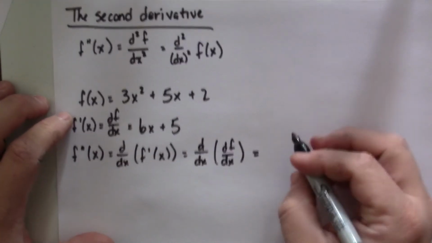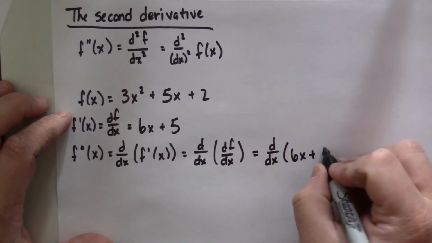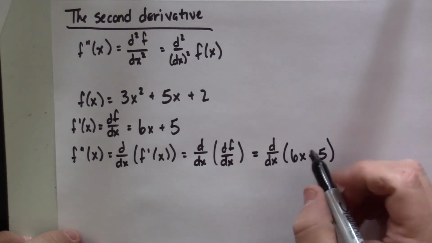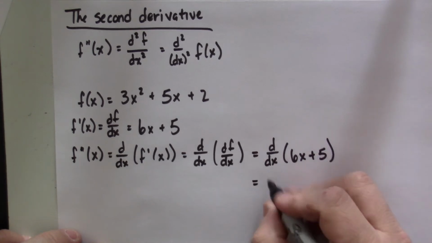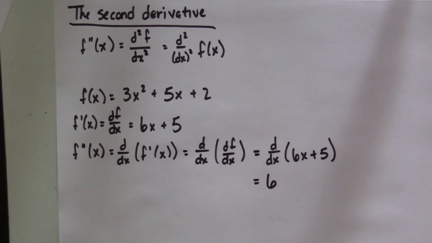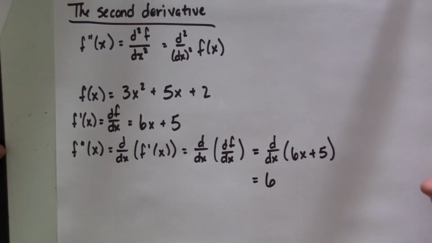So d/dx, that's the derivative of 6x plus 5. Okay? Well, the derivative of that, 6 times 1 is 6, and the exponent goes to 0, so it's 6. And the derivative of 5 is 0. It's 6. Done. Very, very straightforward.